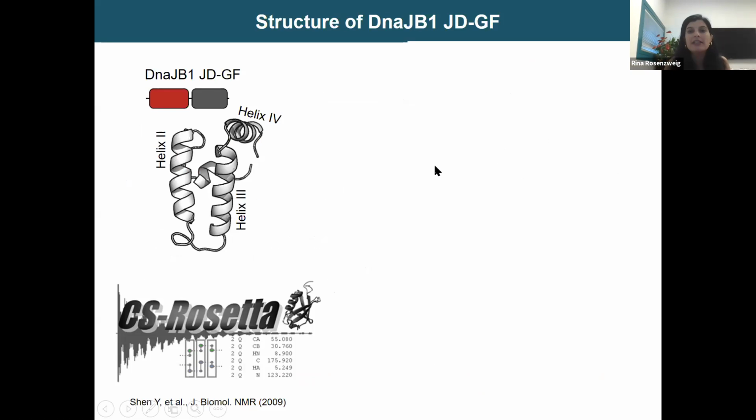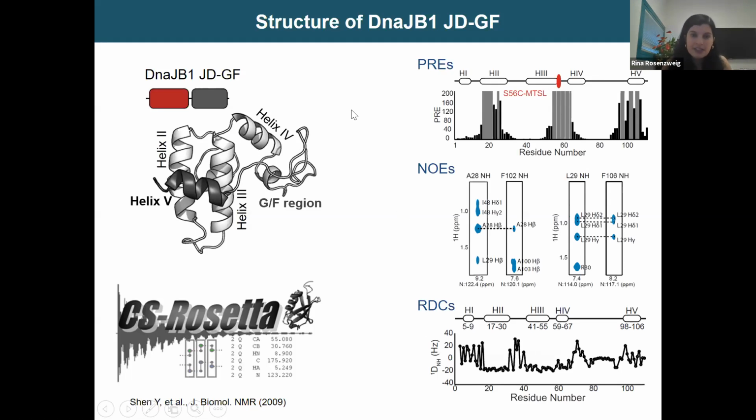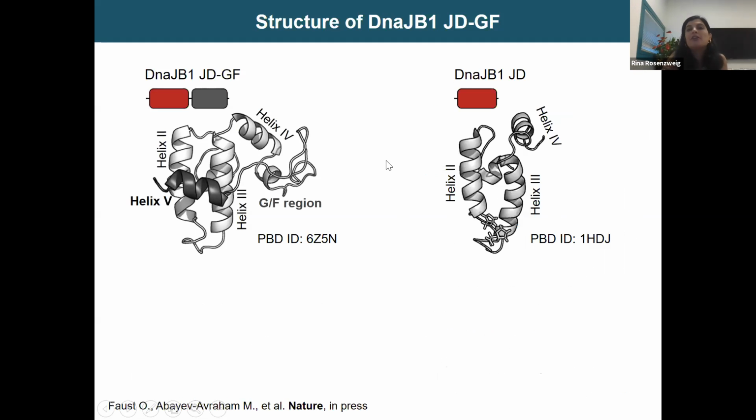So in order to get the structure of DNAJB1 J domain GF, we ended up collecting quite a lot of PREs, NOEs, and RDCs from 2 fields in order to get an NMR structure. But once we had the structure, everything became really clear. So if we now compare the structure of DNAJB1 J domain GF to that of the J domain, we can now understand why HSP70 cannot bind.